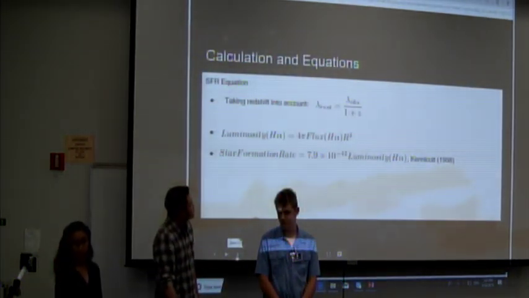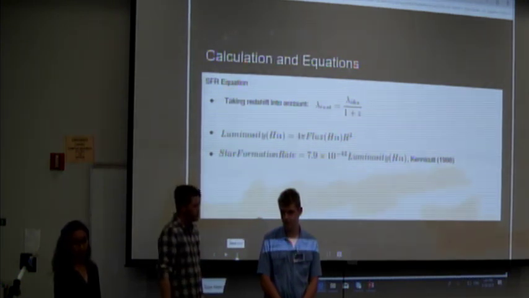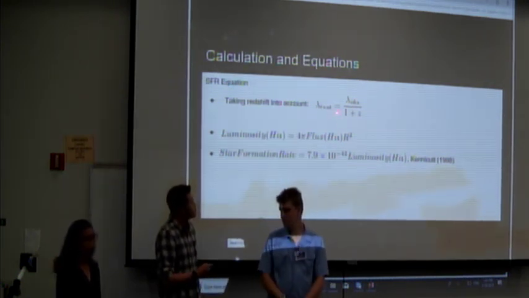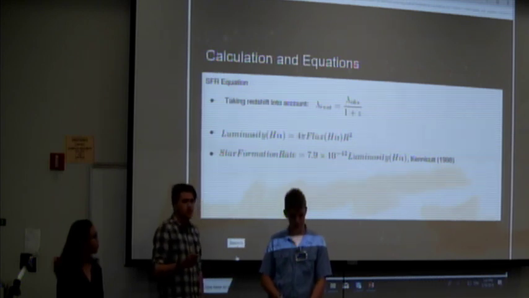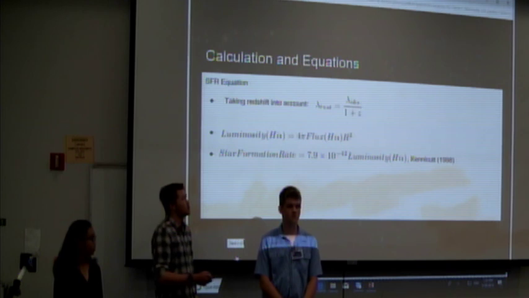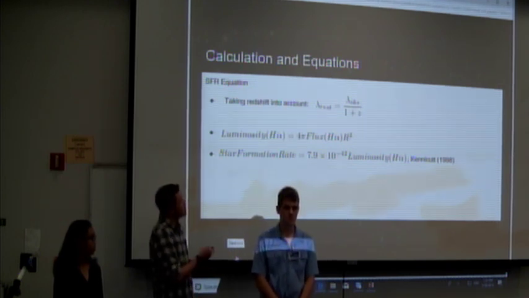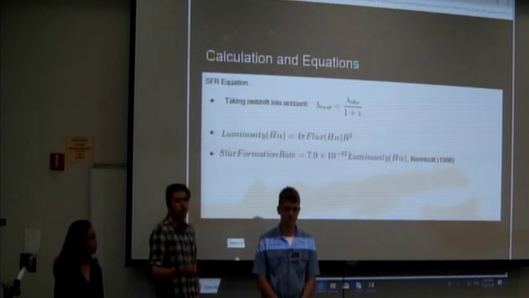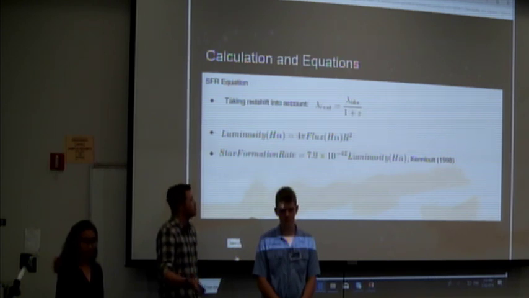To do our calculations, we use these equations over here. For this one, we use it because redshift affects the light from the galaxies that we're observing, and it pushes them to the red end of the spectrum. To account for this, we use this equation to get something called the rest wavelength, which is the light from the galaxy that's not affected by redshift.